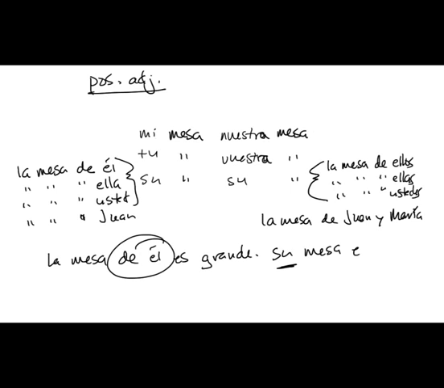Su mesa es expensiva. Let's say you're buying it at a shop or something, an art show. Or for John's table, la mesa de Juan es grande. And then again, you move to su mesa es expensiva. Of course, expensivo, expensiva is describing the noun mesa, so it would change to the feminine.